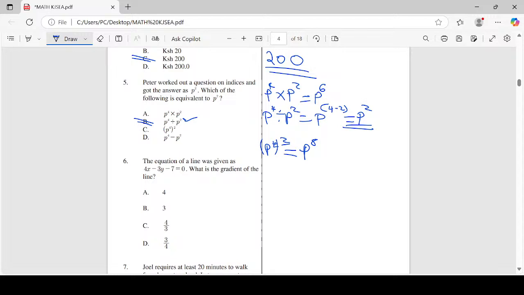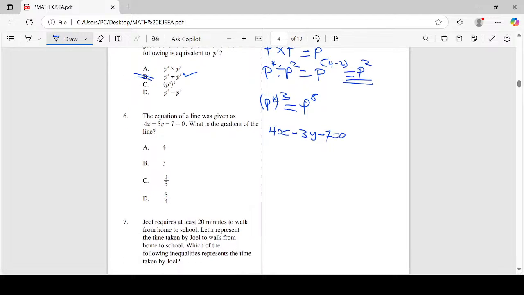Let's go straight to question number 6. The equation of a line was given as 4x minus 3y minus 7 equals 0. Then they want us to get the gradient of the line, dear learners.